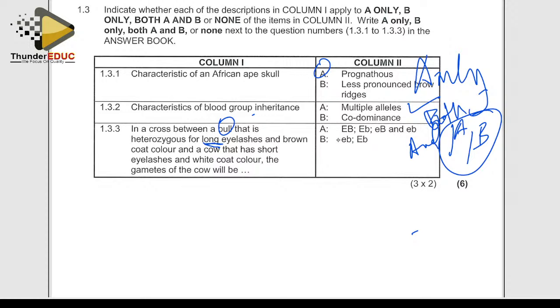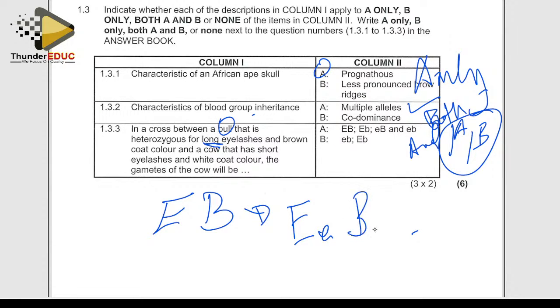Let me say eyelashes is capital E and color is capital B, for example. Because it is heterozygous, it's going to be capital E, small e, capital B, small b, without a space.